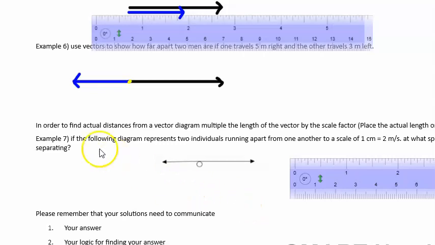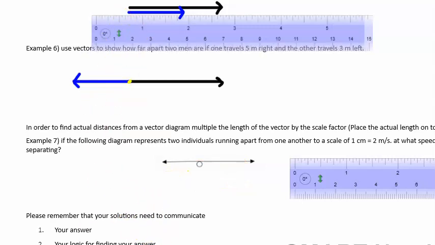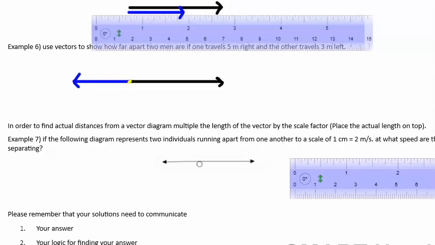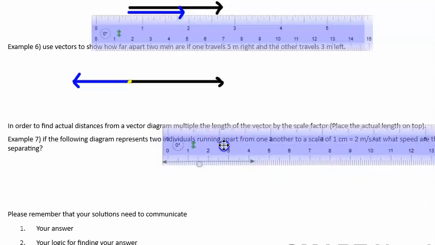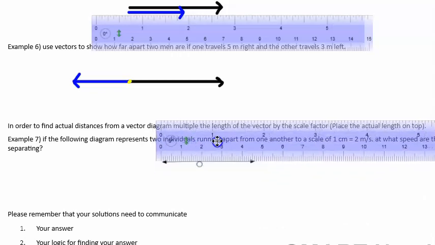So lastly, if we were to find actual distance using just the vector diagram, what we've got here is an example where we want to find out the speed of the individuals as they're separating. Well, we see here that this is approximately 1.7 centimeters.